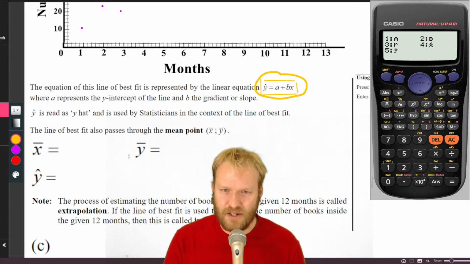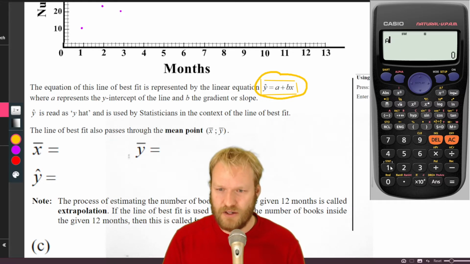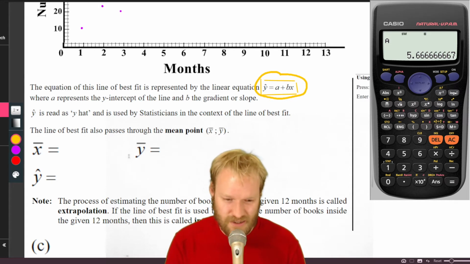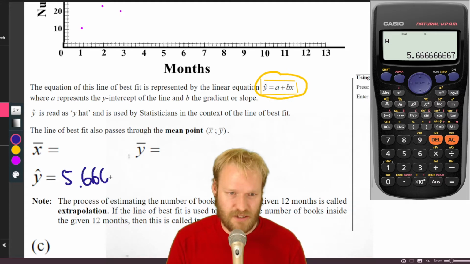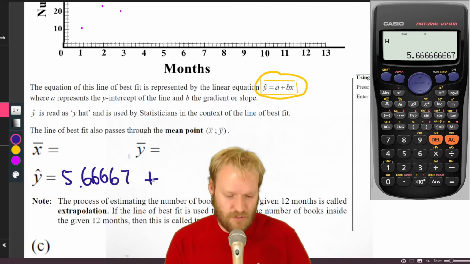Notice that they look a little bit different on the calculator. So here's our A value. We just look for A. 1, equals 5.6667, so our equation is y equals 5.6667 plus bx.